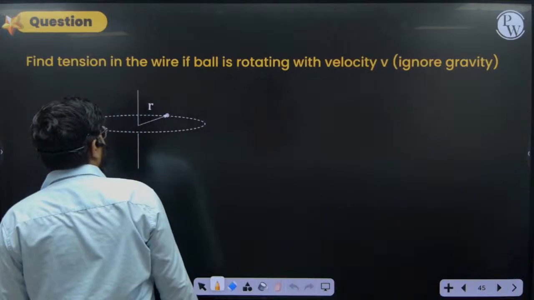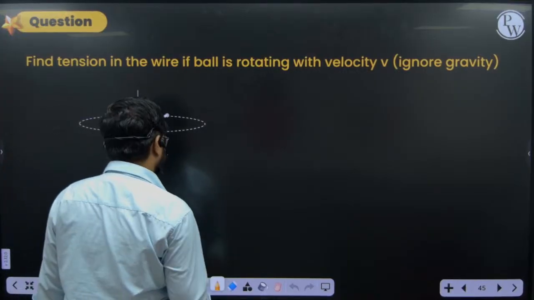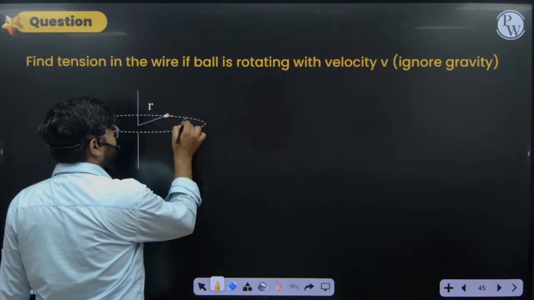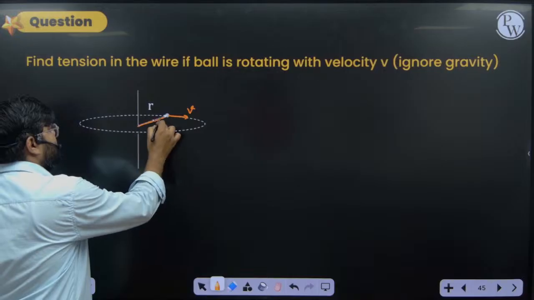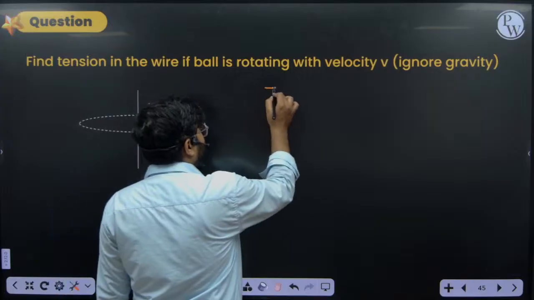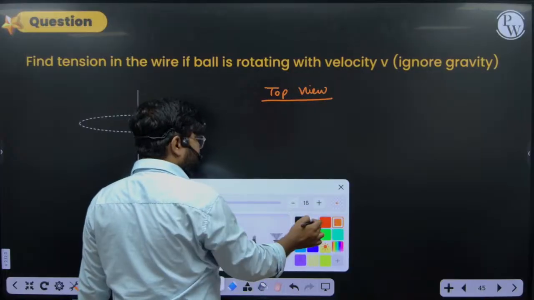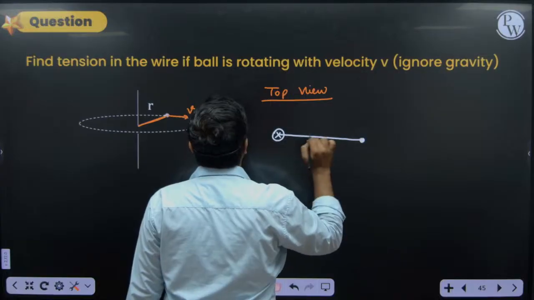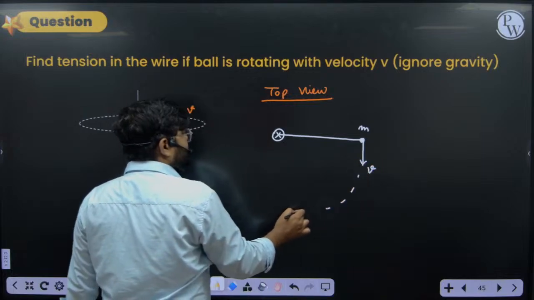We have to find the tension in the wire if the ball is rotating with velocity v. The ball has tangential velocity v, and there is a string connected to the ball. We have to find the tension in the string. If I draw a top view, we will see a body of mass m moving with speed v along a circle.